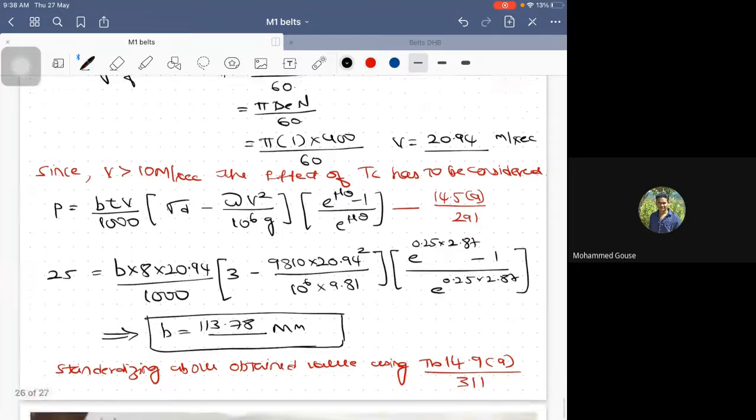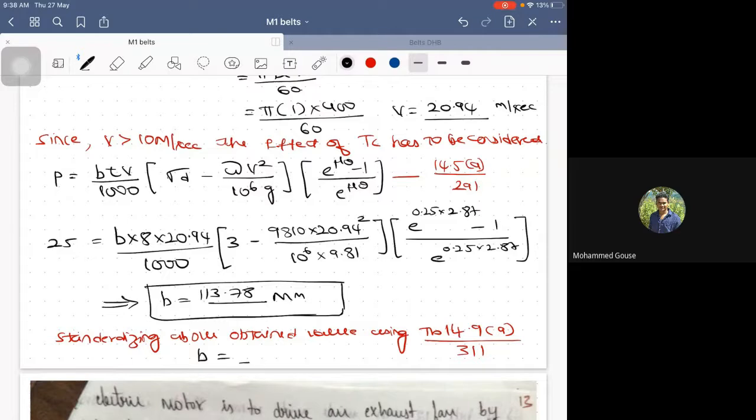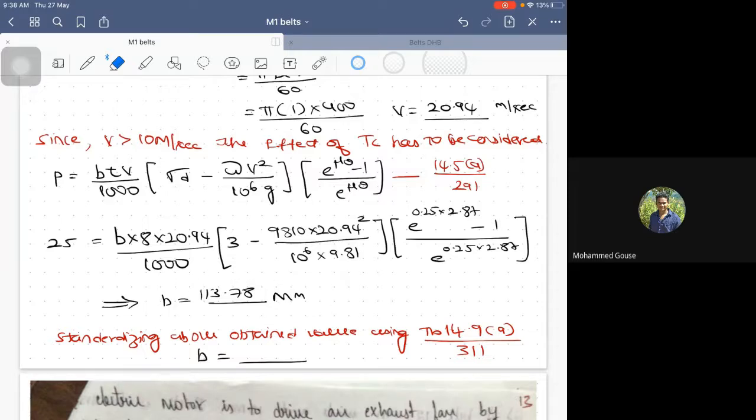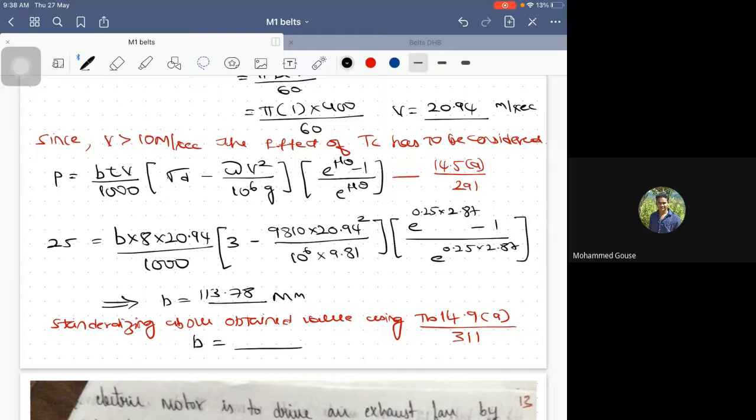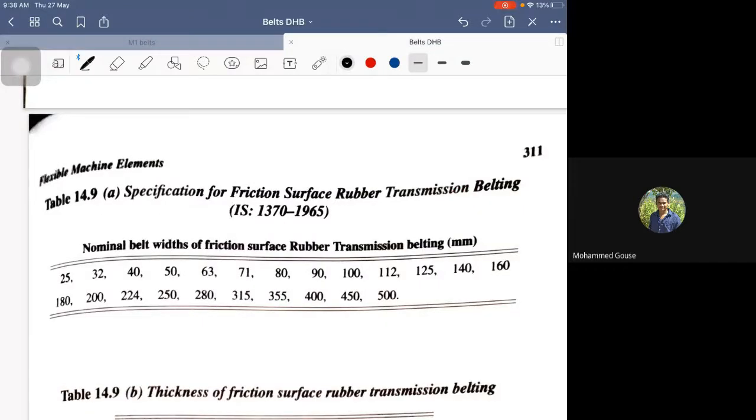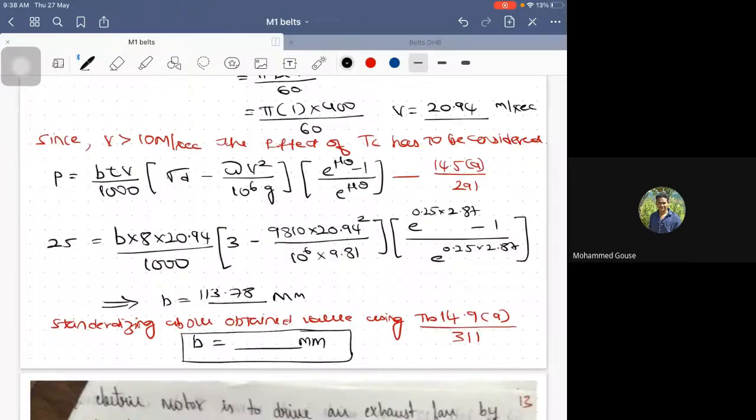So what is the standard value you are going to give me? 125. Okay, 113 in the sense you can go for 125. Okay, done. So 125 and done.